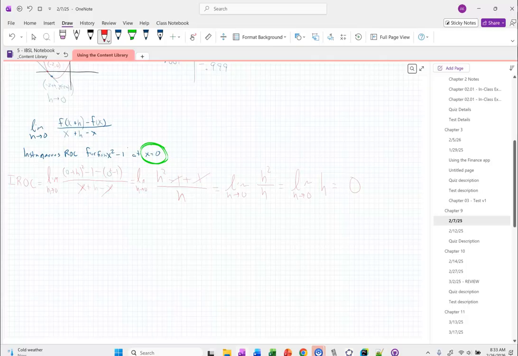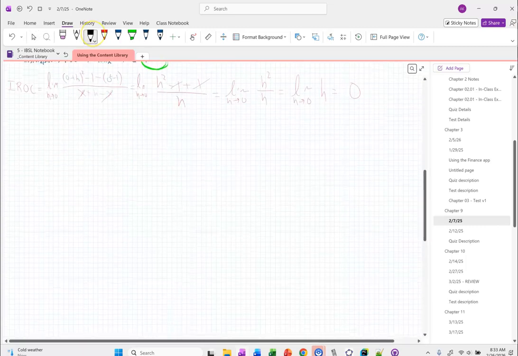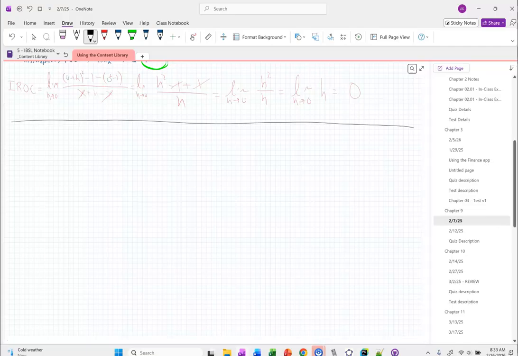There's a better way. So we're going to define a new function.